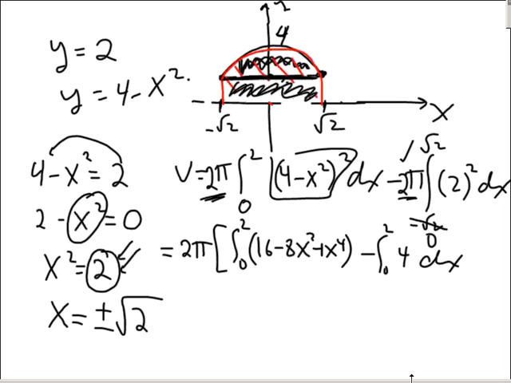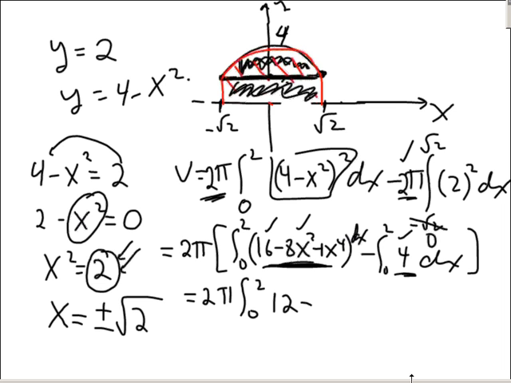Now, since we're integrating this and that over the same x values, namely 0 to 2, I can actually do the arithmetic. That is, I can do this function minus that function, and it'll still be from 0 to 2. 16 take away 4 is 12.